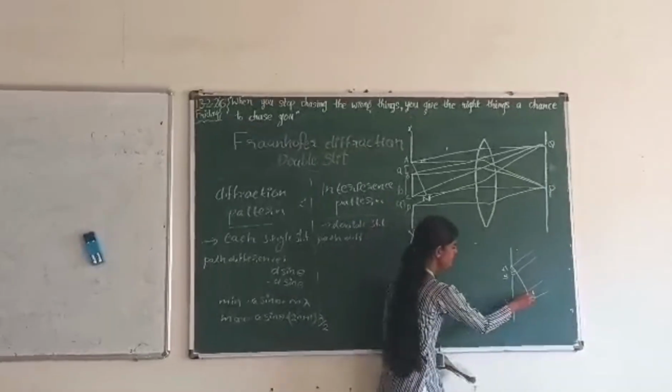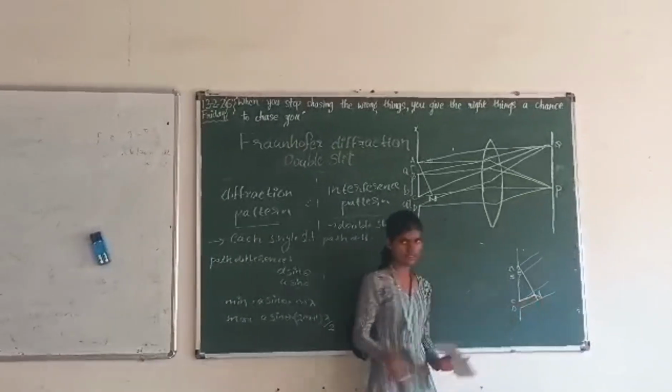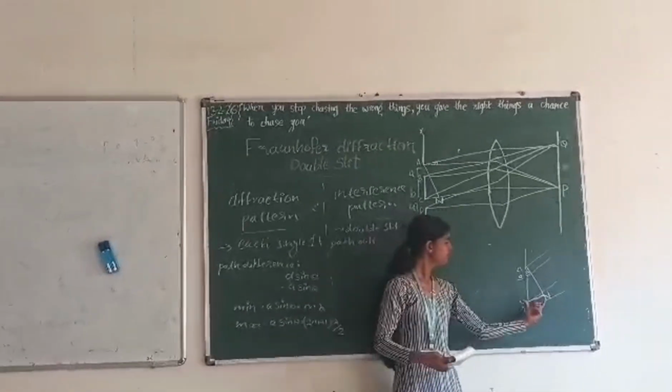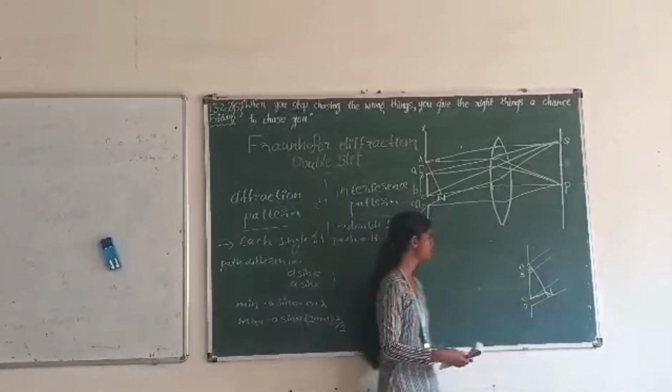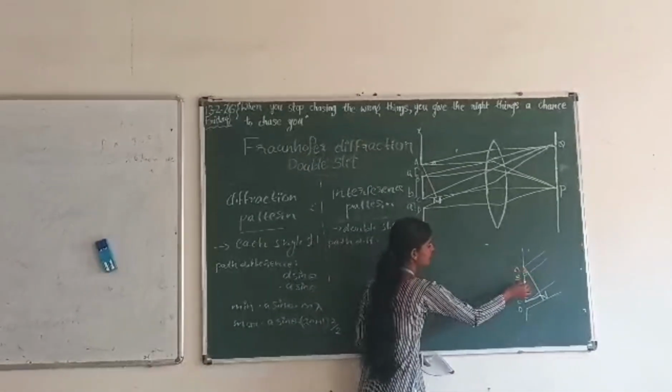So CN is the path difference. So we want to find CN here.